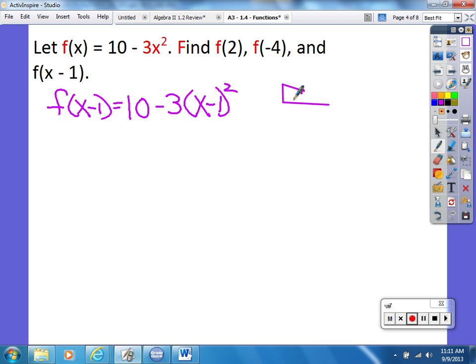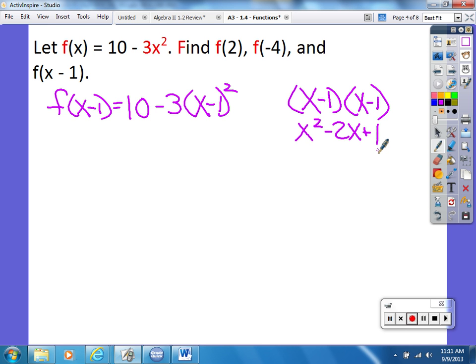So over on the side, I'm going to FOIL together x minus 1, x minus 1. If I do that quickly, I get x squared minus 2x plus 1. Now, I can do that quickly. I can actually do that mostly in my head because I've done that a lot of times.